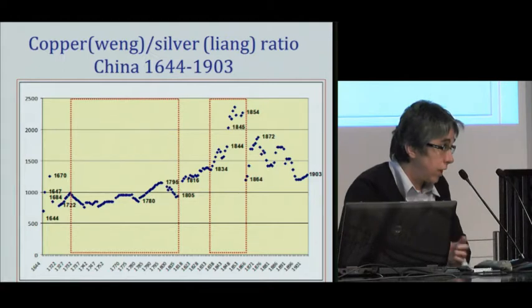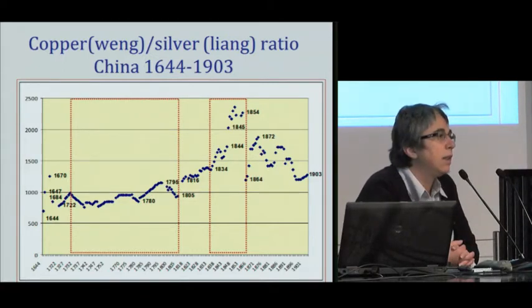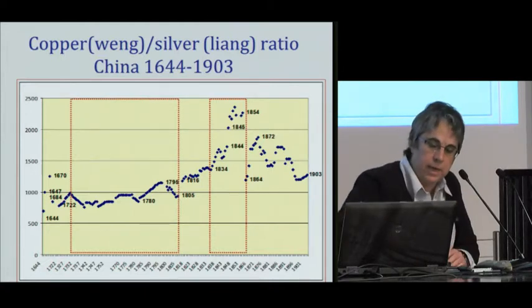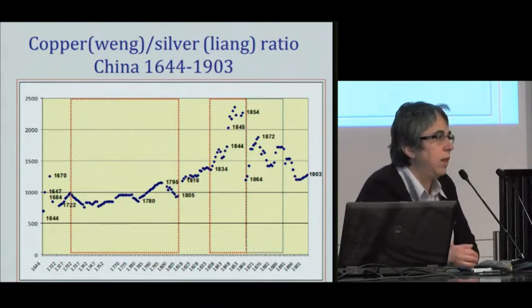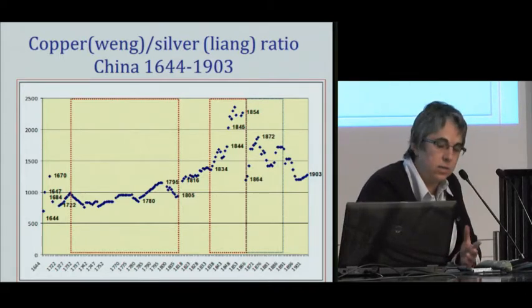That is the period of the Dao-Wang depression, where this exchange rate of copper to silver skyrockets, followed by the Xianxing inflation, or the massive debasement of the copper coinage in the late 1850s and 60s into the 70s.